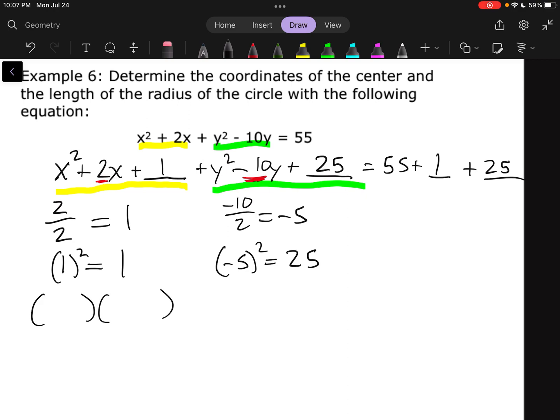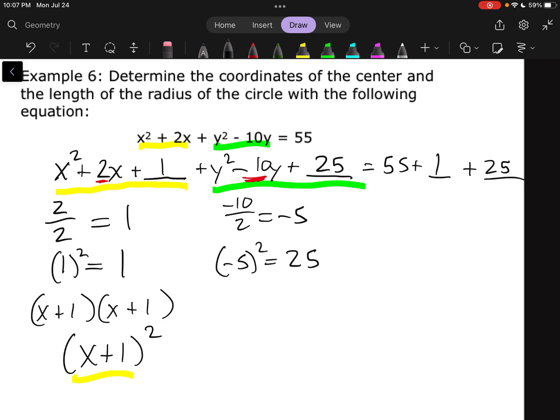If I was trying to factor x squared plus 2x plus 1, what multiplies to make 1 and adds to make 2? Well, it would be x plus 1 and x plus 1, right? Or, since it's x plus 1 times x plus 1, that would be x plus 1 squared. So that whole original thing turns into this.